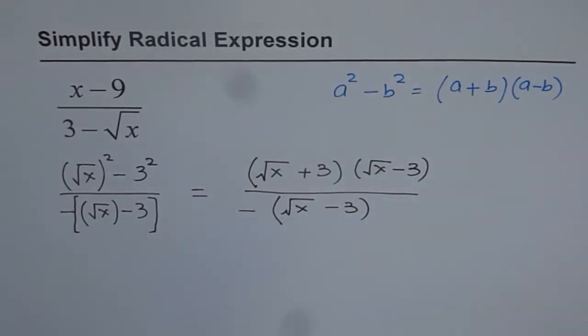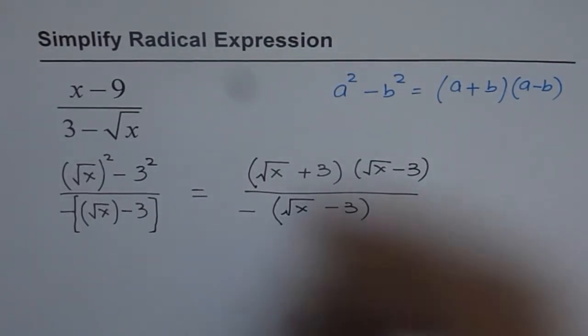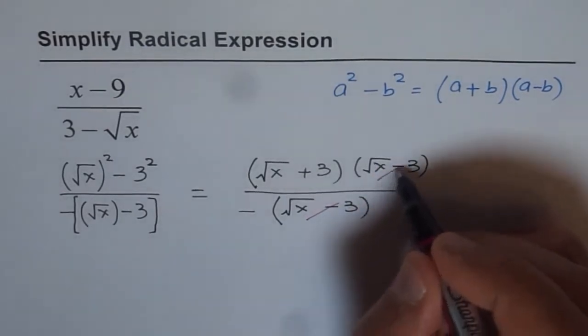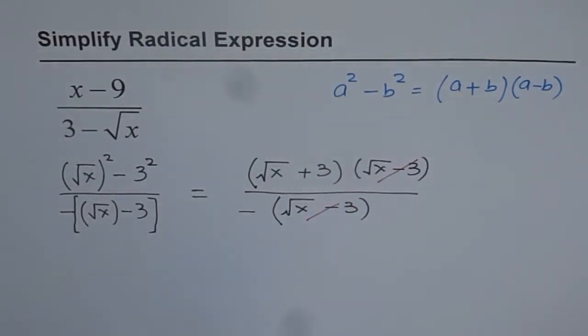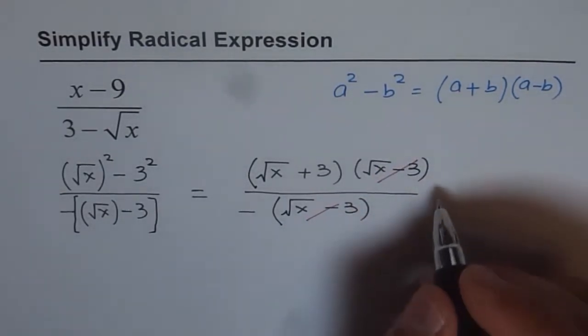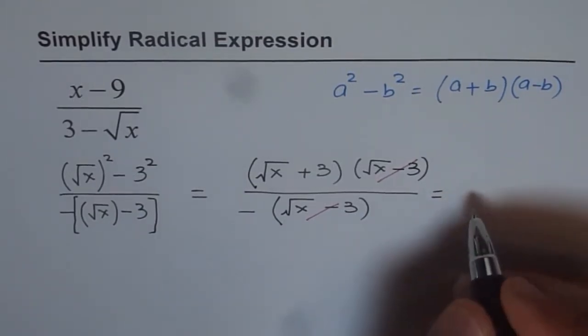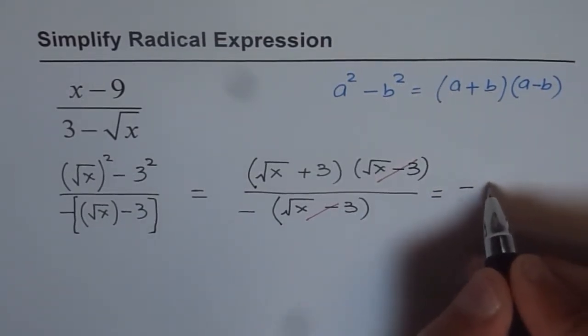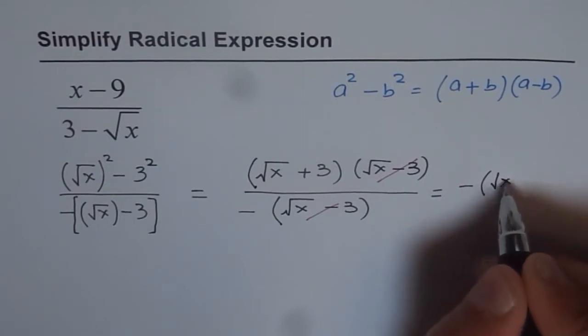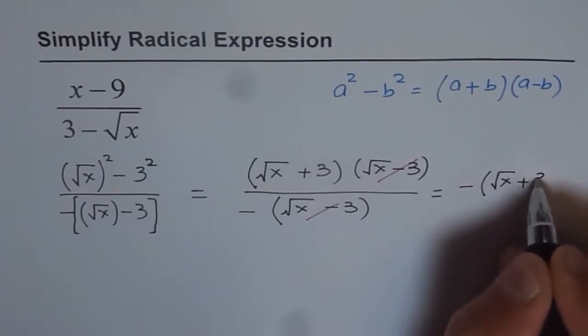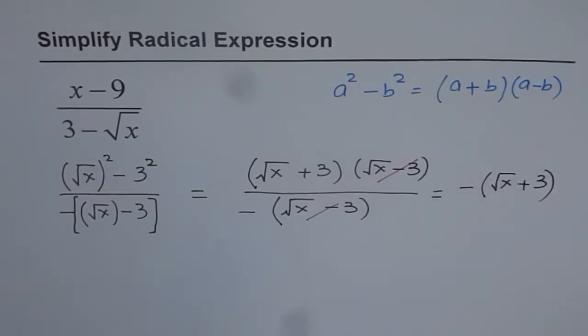Now we do have a common factor in numerator and denominator which can be cancelled, you see. And thereby we can simplify our expression, and we can write this as minus of square root of x plus 3.